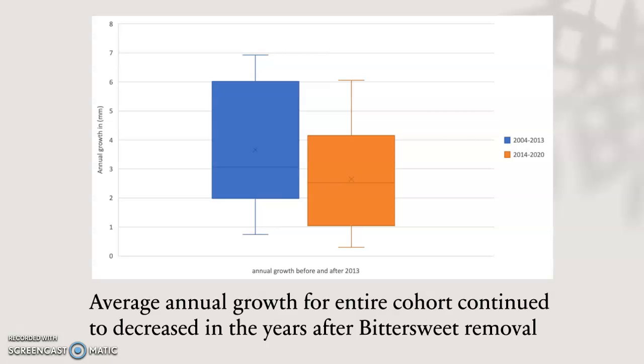We took the 10 years prior to the bittersweet removal and averaged the ring growth, and then took the 7 years post removal and averaged the tree ring growth, and the tree ring growth was significantly lower in the years following the bittersweet removal.